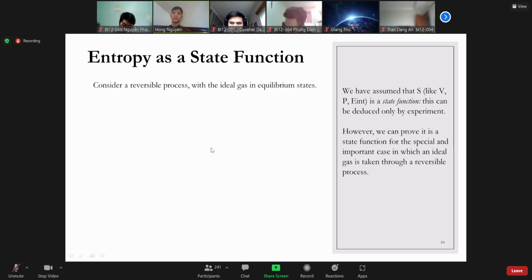Good. Now we consider a reversible process with the ideal gas in equilibrium states. If we apply the first law in the differential form for this reversible process of our gas, we can write it in this form.